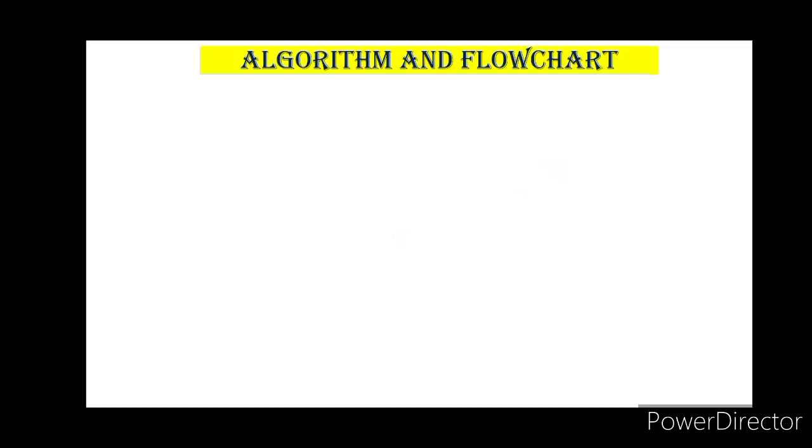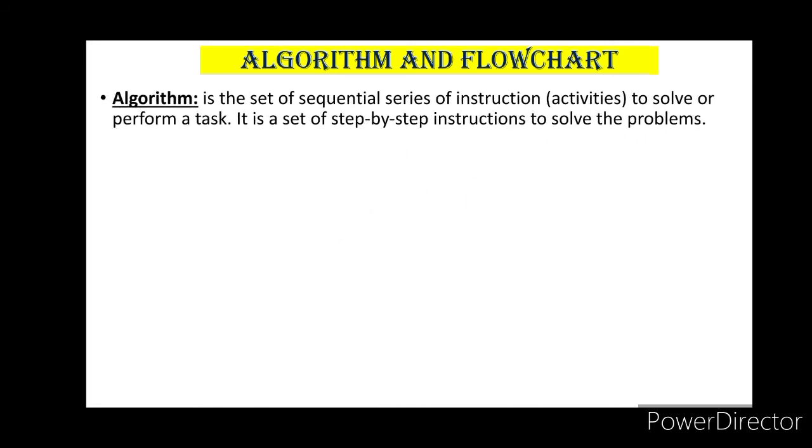So here let's go through the algorithms. What is an algorithm? An algorithm is a sequential series of instructions. It means all the activities that we need to do to perform the tasks and solve the tasks, if you write them in sequential order, in proper order to solve that problem, that is known as an algorithm.